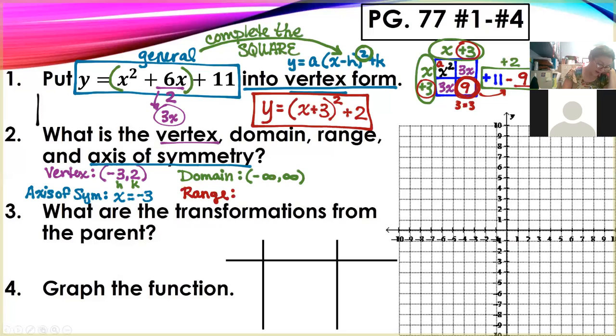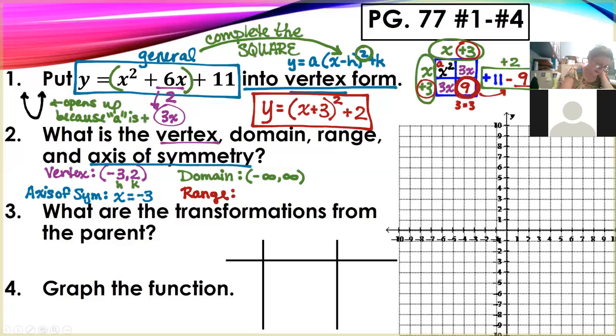And so when we graph this in a little bit, we're going to see, here, I'm just going to do a little sketch like this. It opens up because A is positive. If A was negative, then it would open down.